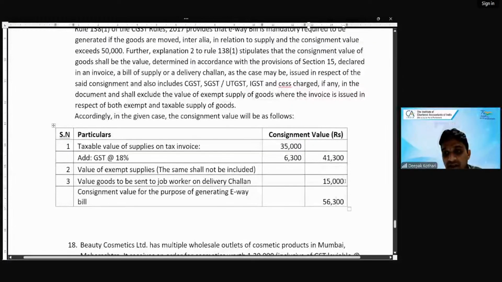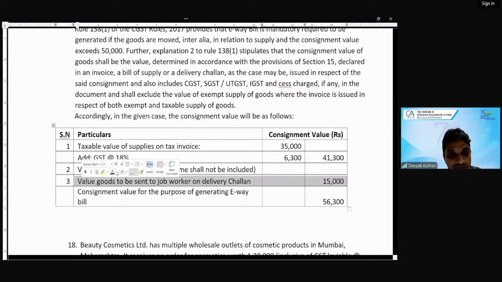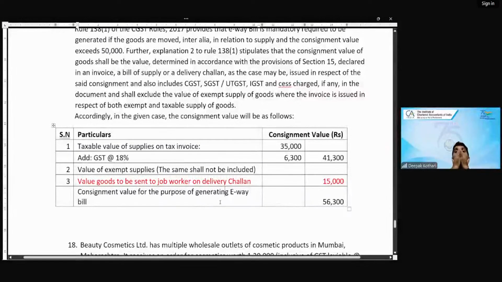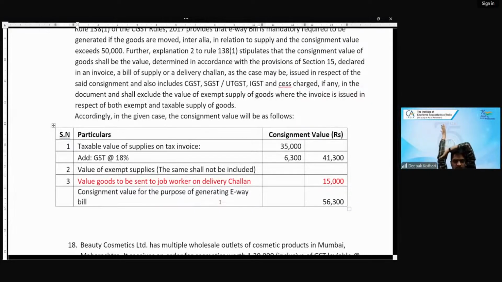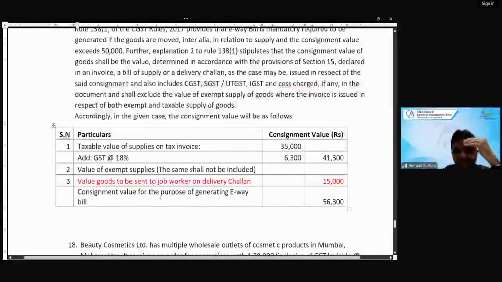This is a danger zone, be careful over here. Don't apply a blanket 18% on the total supply. On the taxable value on which a tax invoice is raised, tax will be involved. On a non-tax invoice, you don't have to add GST.